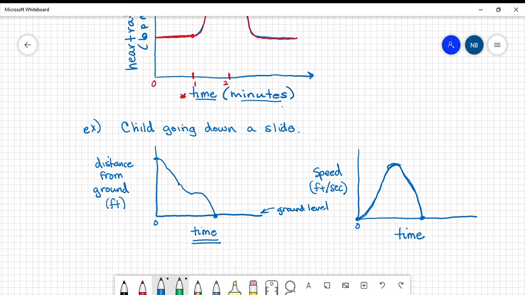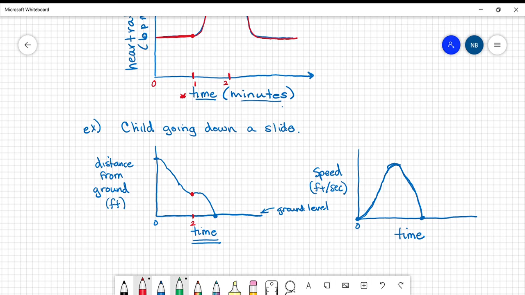Notice another characteristic. If you pick a moment in time, like right here, there is one point on the graph that represents the distance that child is from the ground. So let's say this is time 2 seconds. So 2 seconds in, the child is a few feet off the ground, and they can't be in two places at the same time.